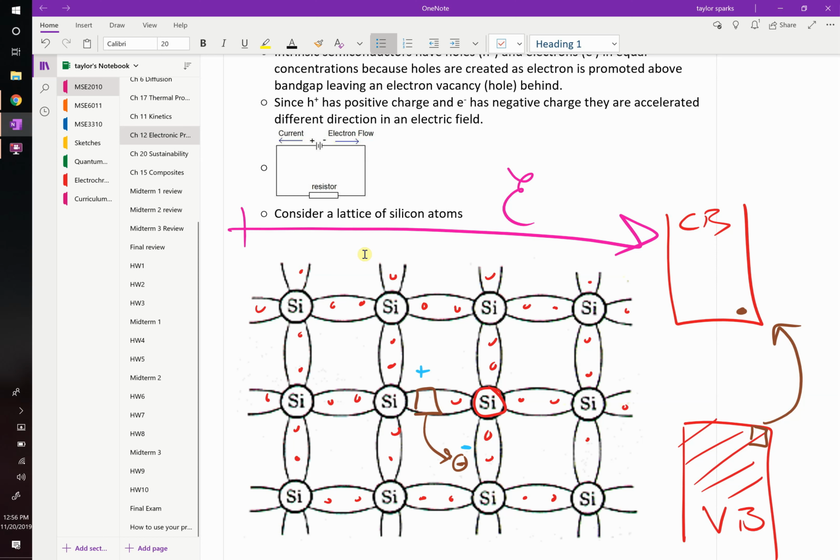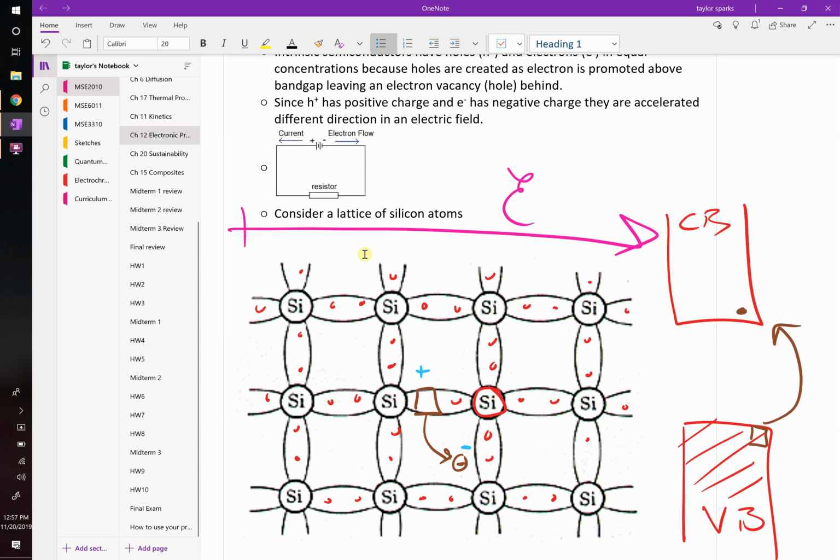At the same time, this lack of an electron, which we call a hole, is also able to move, right? That thing could move in an electric field. The electric field is drawn up there in pink, and the electron's going to move towards the positive end of the electric field. Well, the hole is positively charged, so it's going to move the other direction. So the electron goes this way, and the missing electron goes that way, right?